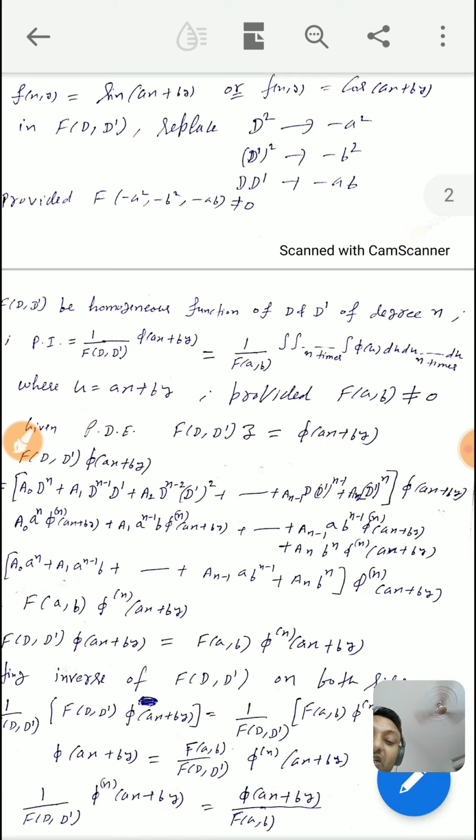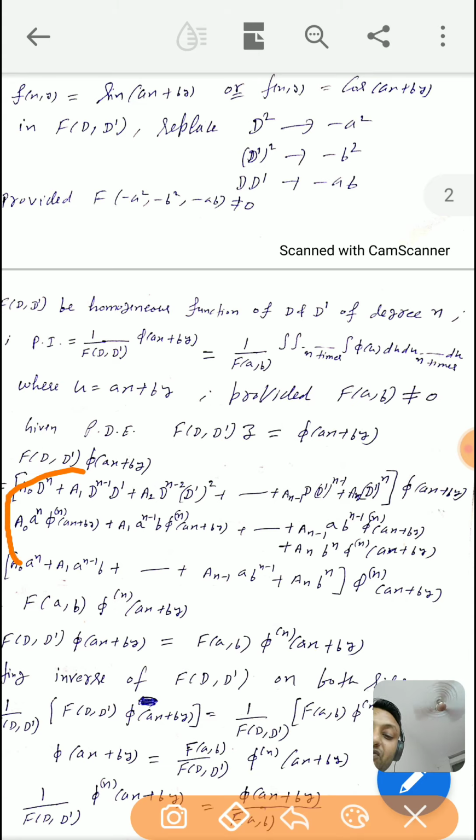So operating the first term on this function, we get a naught a power n times the nth derivative of phi with respect to ax plus by. This is the nth derivative not with respect to x, not with respect to y, but with respect to ax plus by.